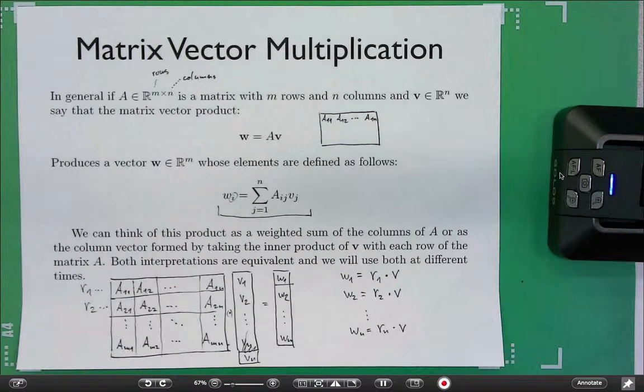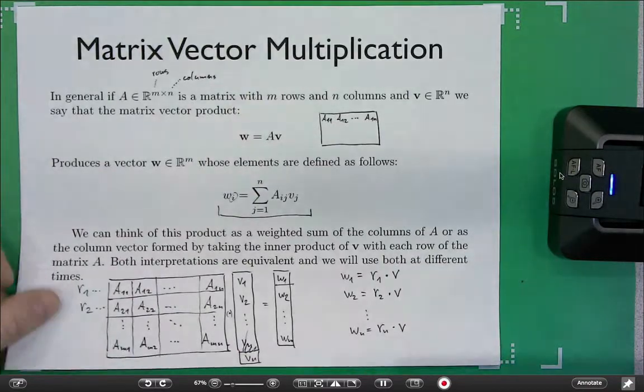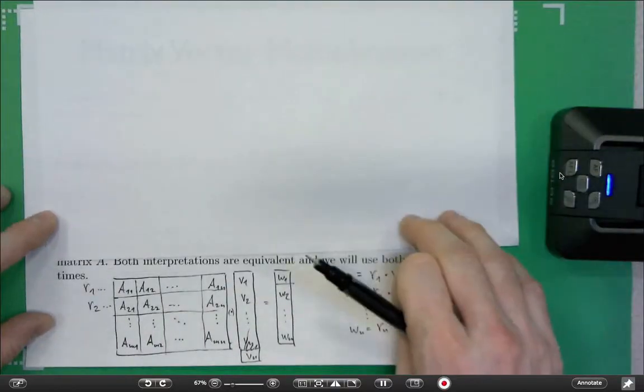You could memorize it, sum over j of aij times vj, but it's very easy to get it wrong and switch the indices or something. But having the picture that you take the vector and multiply every row with it, that's something you will probably remember forever.